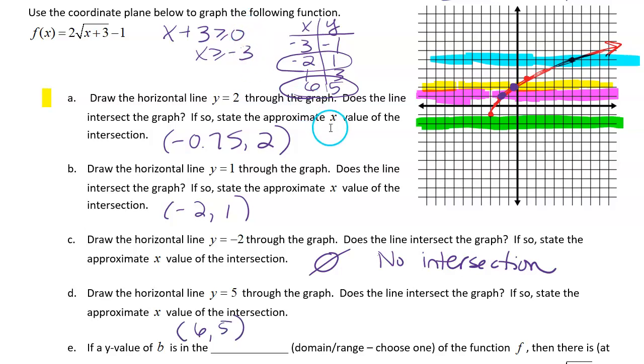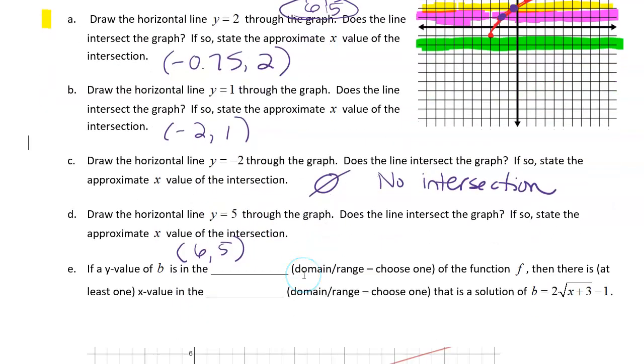So essentially what you're seeing here is that when we use certain y values, we were able to get a solution point or intersection point, and then when we use a different y value here, the -2, it did not intersect. So this is actually an important concept that leads us into the solving of the equations, and is saying, hey, if a y value of b is in the range of the function, then there is at least one x value in the domain.